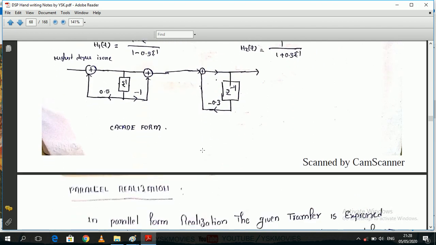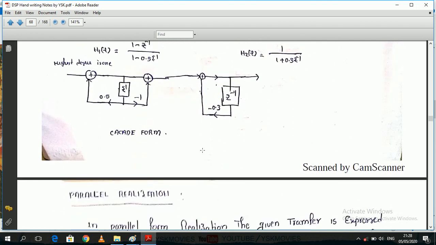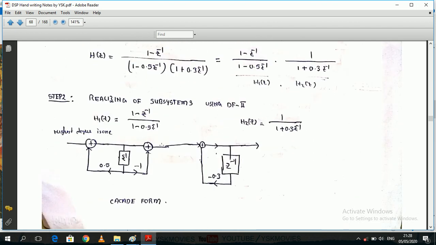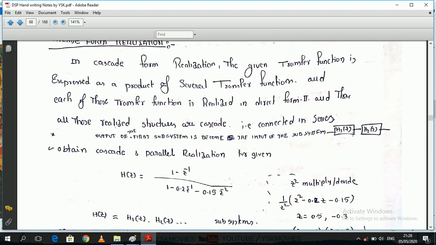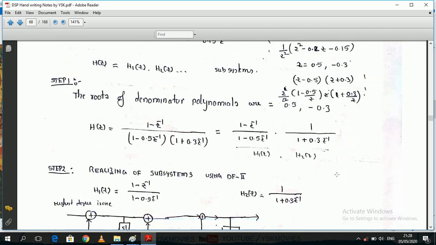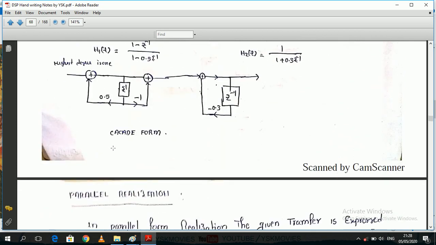After that, the cascade form. What is cascade form? You just join them in series like this. H1 of z is joined with H2 of z. What it means is the output of H1 of z, the first subsystem, becomes the input for the next system. You join them like this. This is called a cascade form.